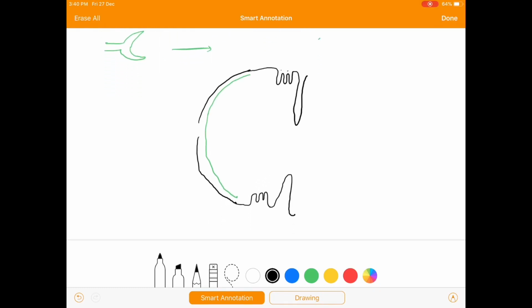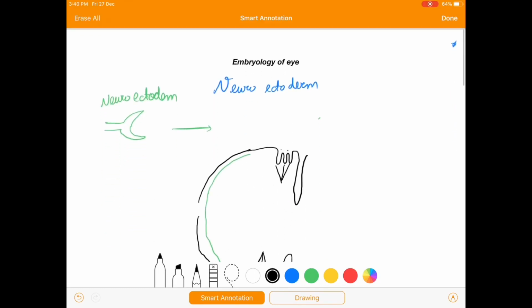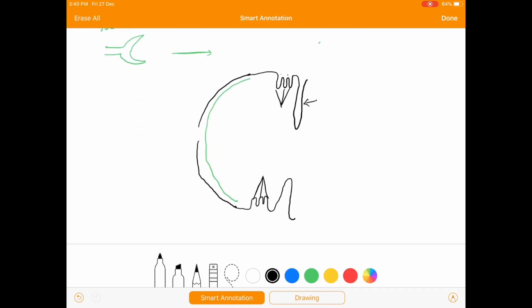Now this ciliary epithelium secretes the zonules. So what do we have? We have iris epithelium, ciliary epithelium and zonule.